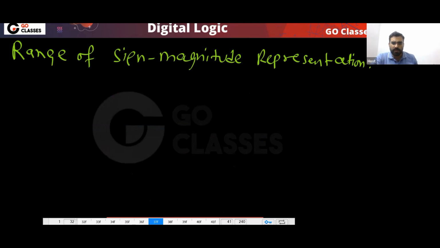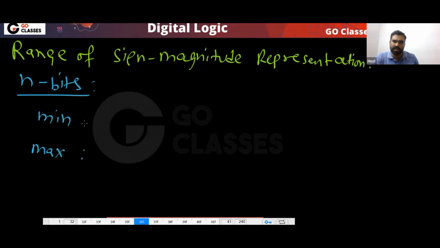Now tell me, what will happen for n bits? Using n bits, what is the minimum you can create and what is the maximum? Remember, maximum means the sign bit should be 0, and minimum means it should be 1, negative. So what is the maximum value you can get?